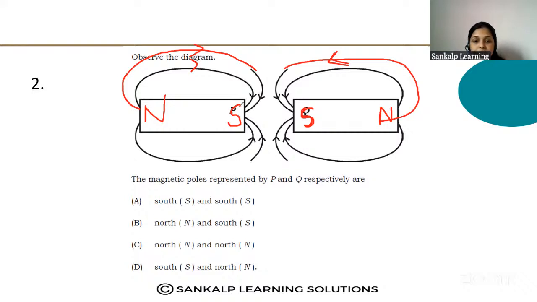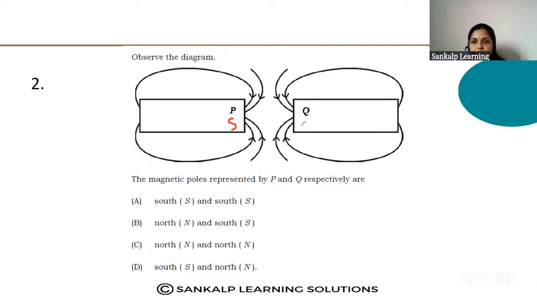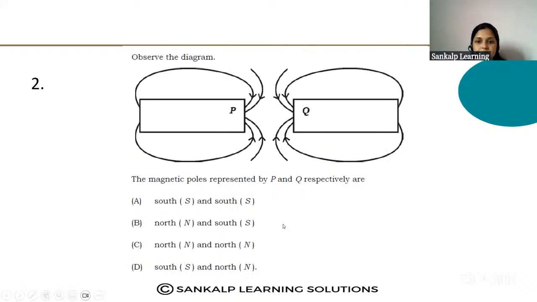Option A, south S and south S; option B, north N and south S; option C, north N and N. Here the correct answer is option A, south S and S. So this is also south, this is also south. Sorry, option A is the correct answer.